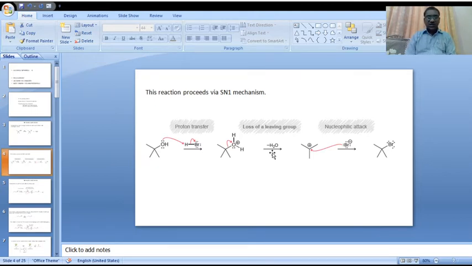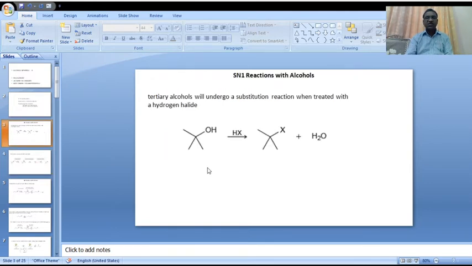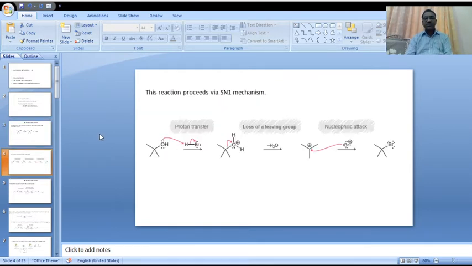This is the actual reaction mechanism for this substitution reaction. Here, tertiary alcohol is the starting material.